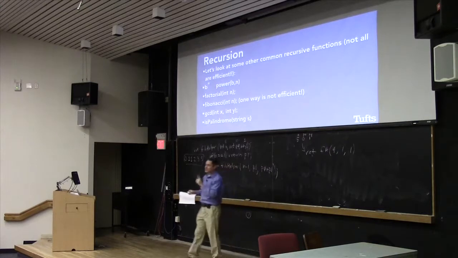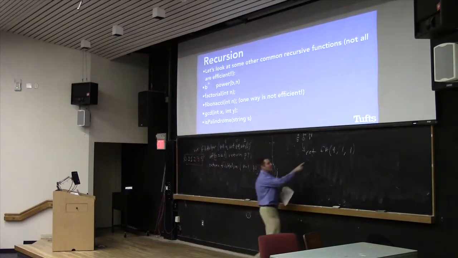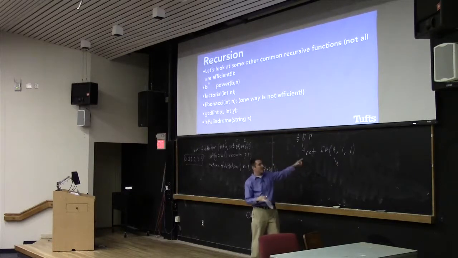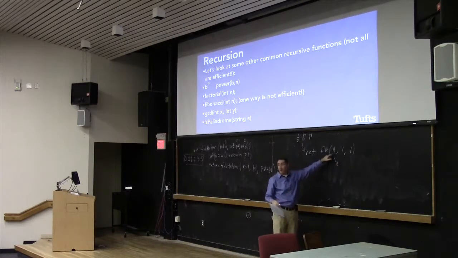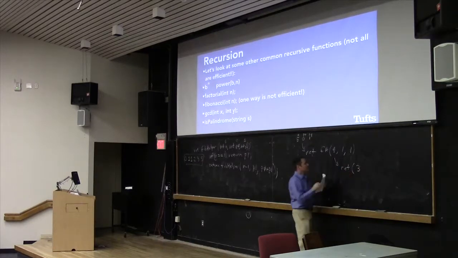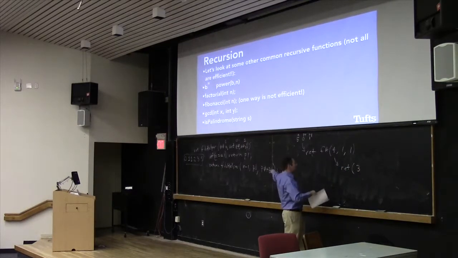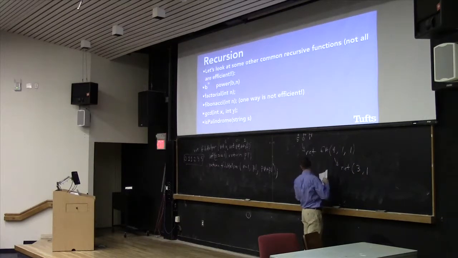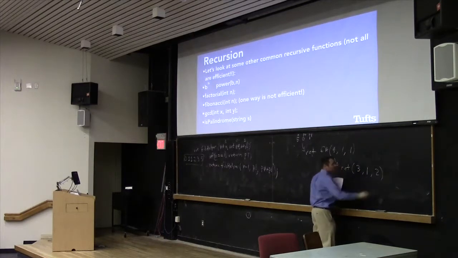Let's see what happens now. This Fibonacci helper is going to return something too. It's going to say, is n equal to 1? It's not. Therefore, return fib n minus 1, p1, which is this one now, and p0 plus p1, 2.